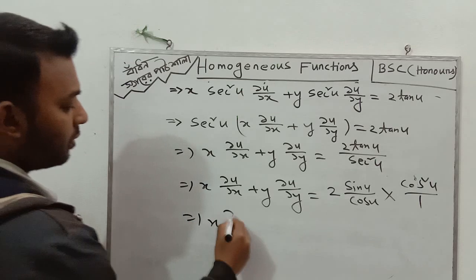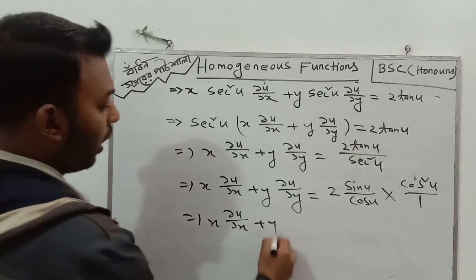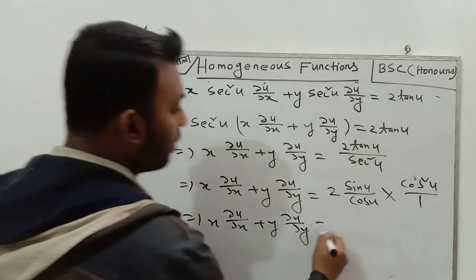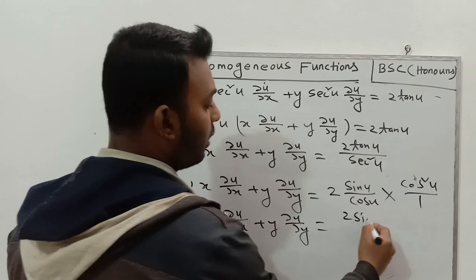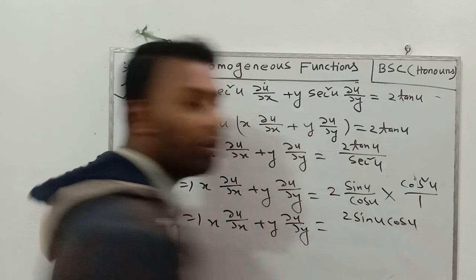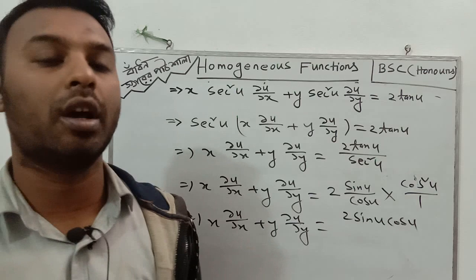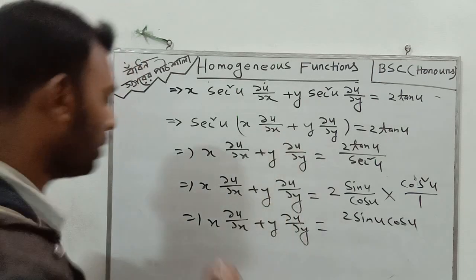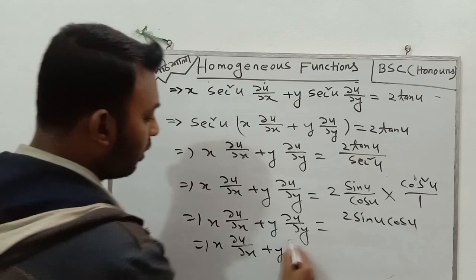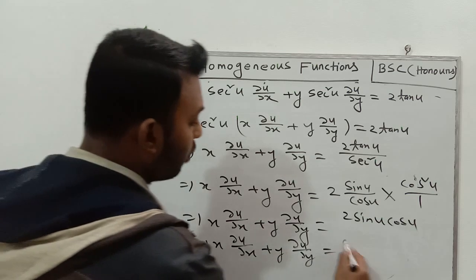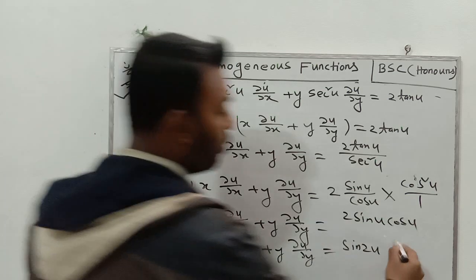So x del u del x plus y del u del y is equal to 2 sin u cos u, and we know that 2 sin theta cos theta is equal to sin 2 theta. So x del u del x plus y del u del y is equal to sin 2u. Proved.